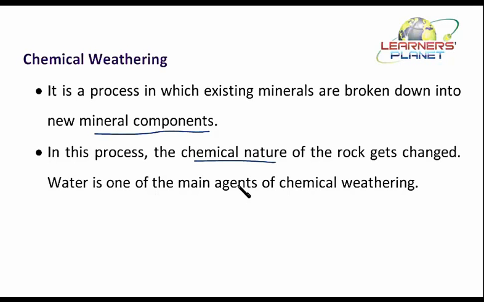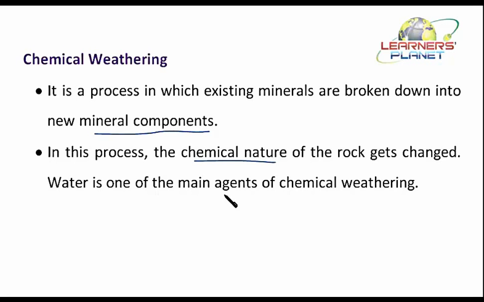It is only broken down into smaller pieces. But in chemical weathering, the chemical nature of the rock gets changed. Like water. Water is one of the main agents of chemical weathering. So this is the main difference between physical and chemical weathering.